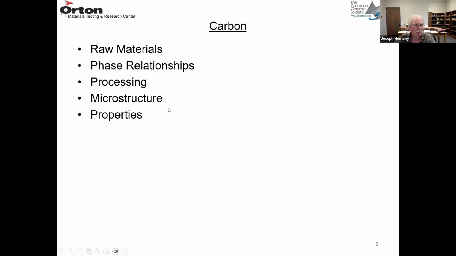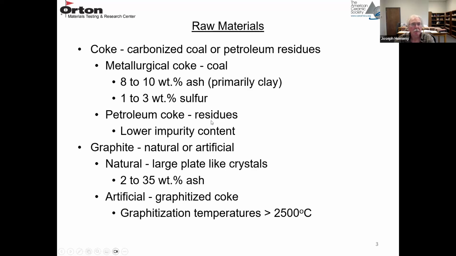So for any one of these non-oxides, we'll do raw materials, phase diagrams, processing, the resultant microstructure, and some key properties. So coke is just carbonized coal or carbonized petroleum residue.